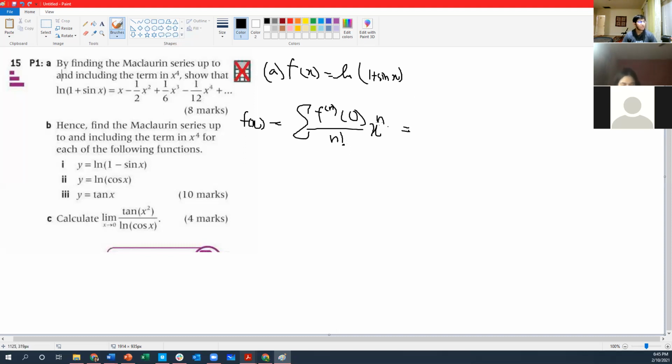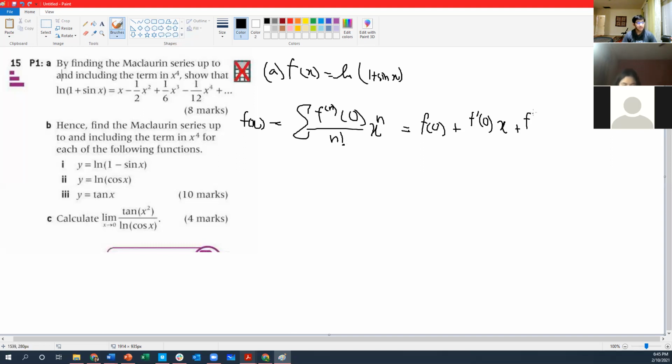Now, obviously, we'll have x to the 0th power, then x to the first. So if we calculate, this is going to be f of 0 plus f prime of 0 times x, right?